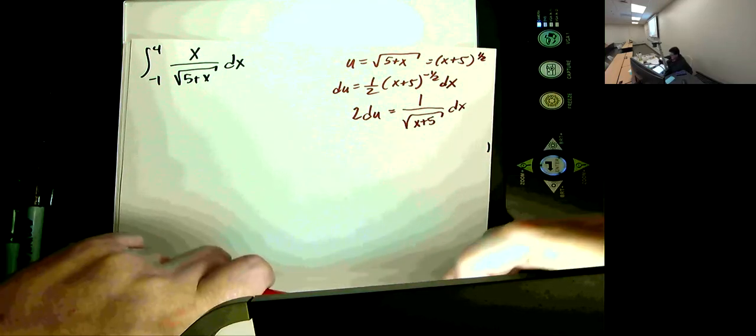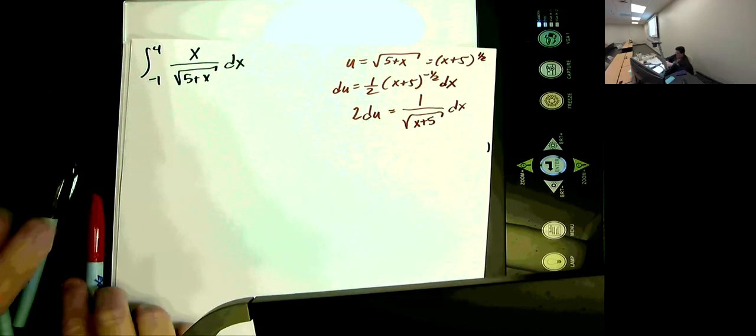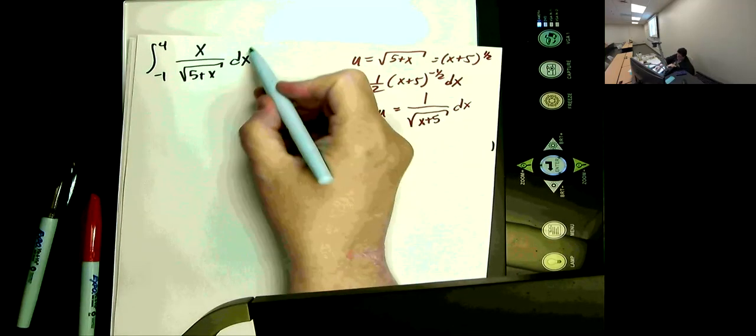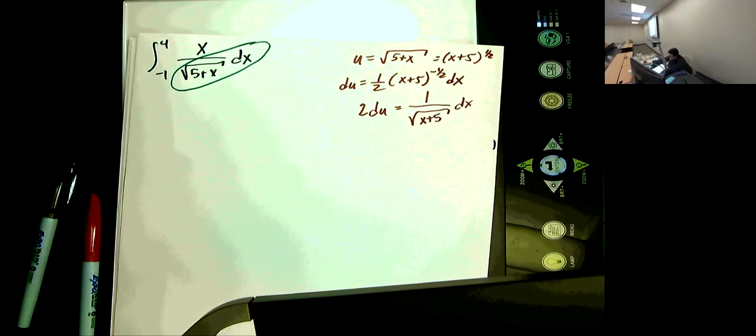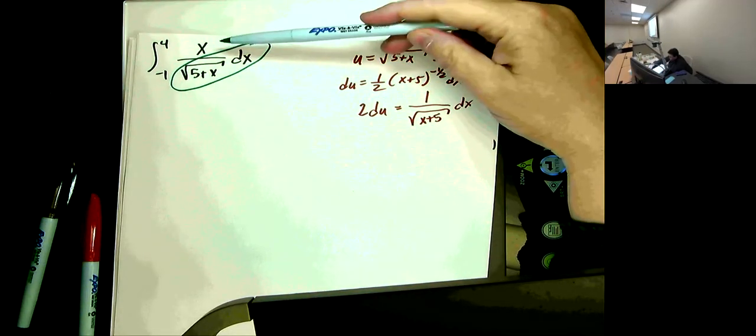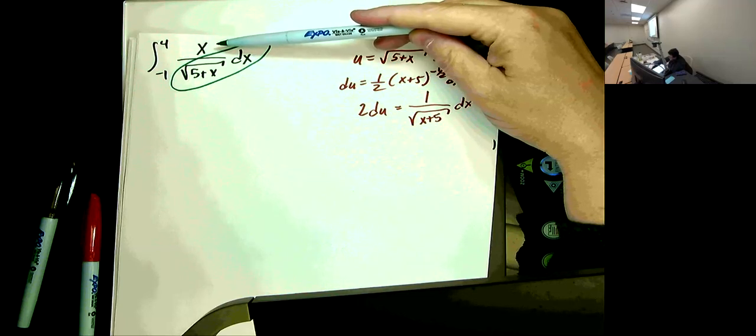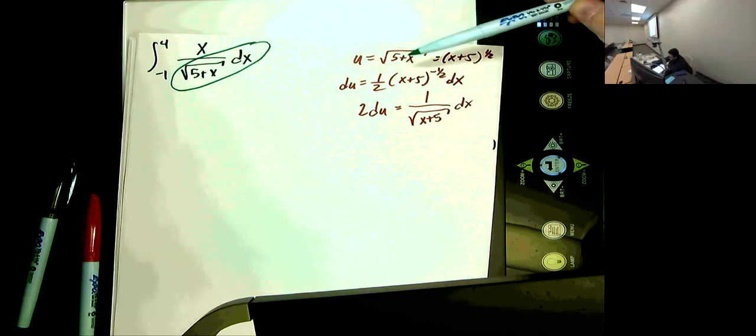I actually see that here. We have that right here. But I don't have a square root of 5 plus x up here. But maybe I could write this in terms of x.